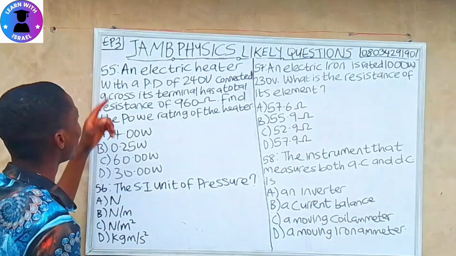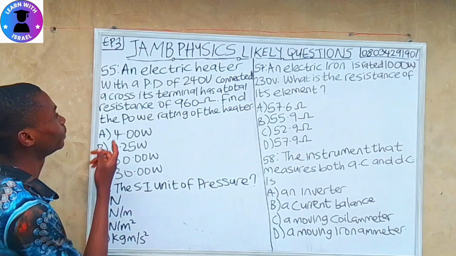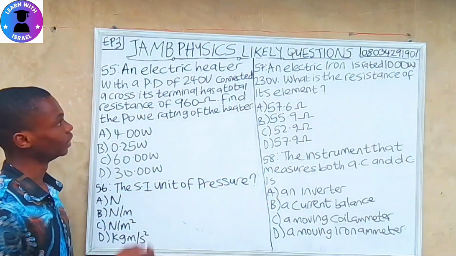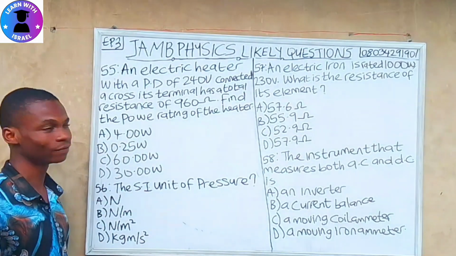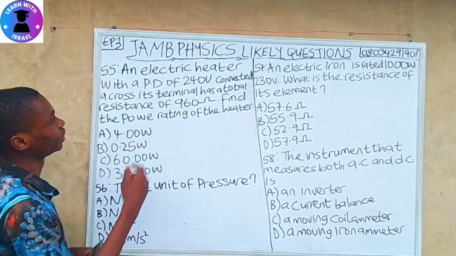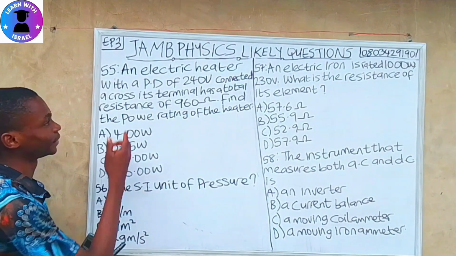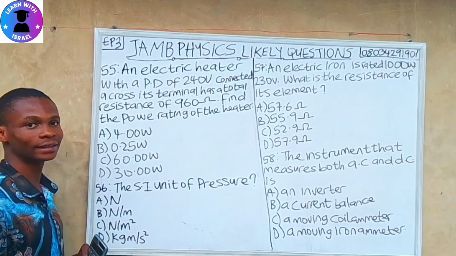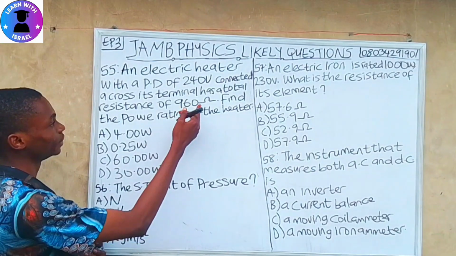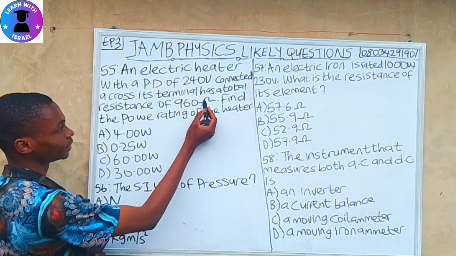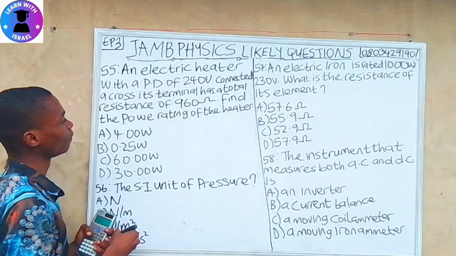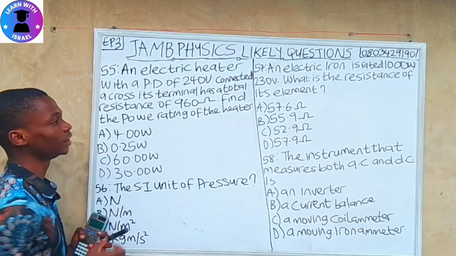Question 55. An electric heater with a PD of 240 volts connected across its terminal has a total resistance of 960 ohms. PD means potential difference. Find the power rating of the heater.